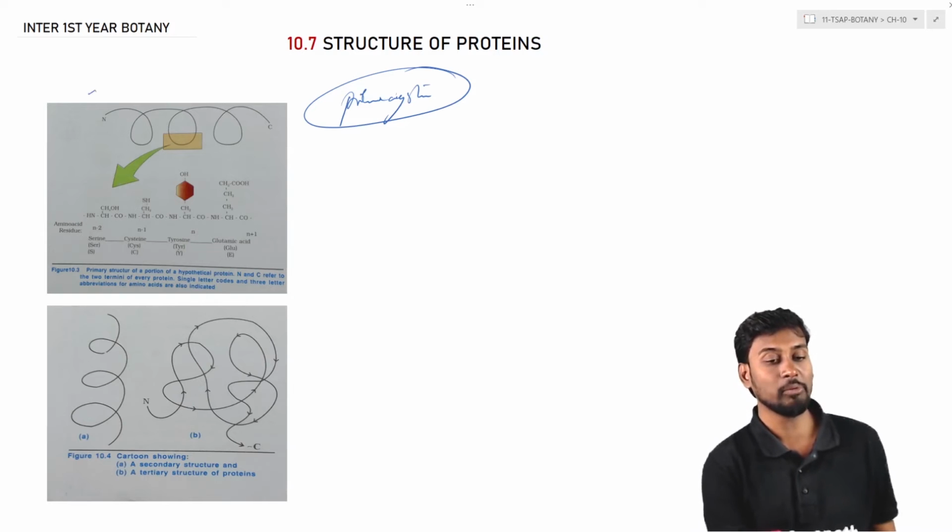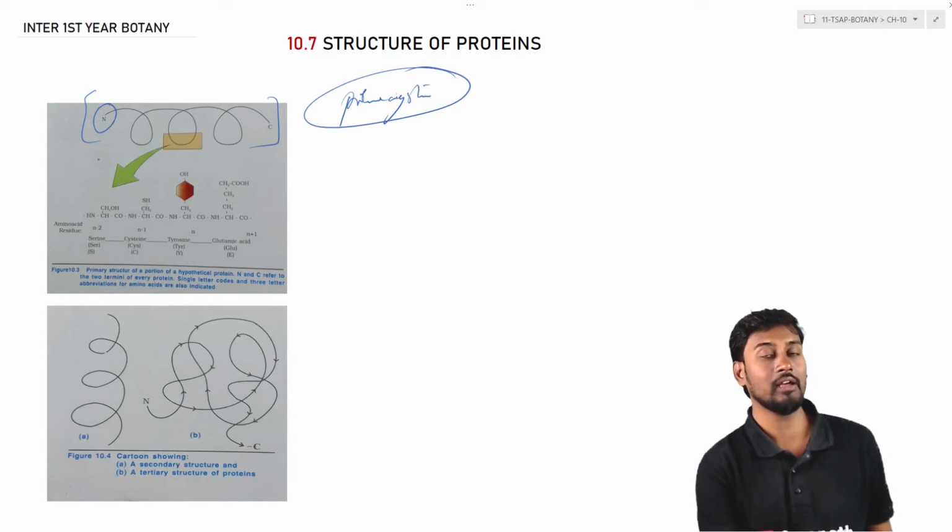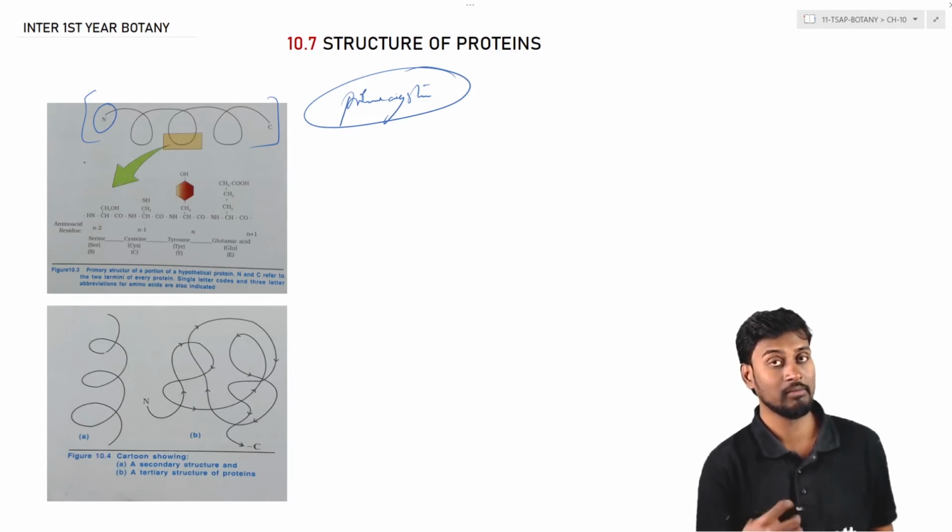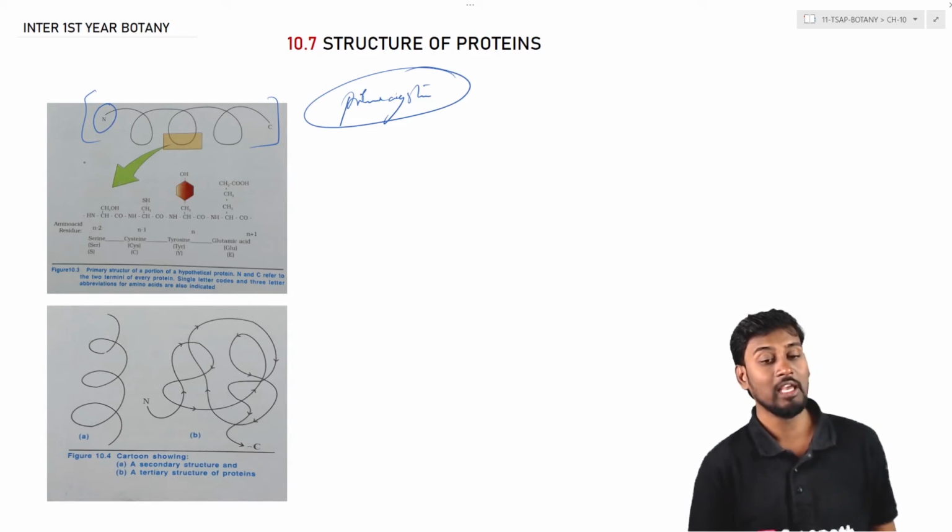So this is the hypothetical molecule, where we can see the amino acids are generally joined together by means of peptide bonds, and we can say that the first amino acid has a free end, that is the ammonium end is free, whereas the last amino acid has the carboxylic group as the free end.